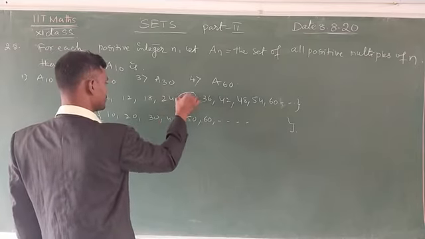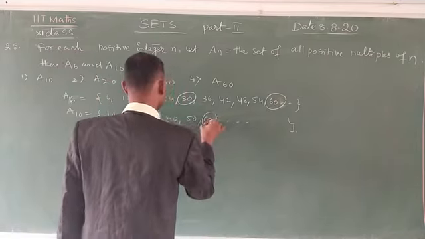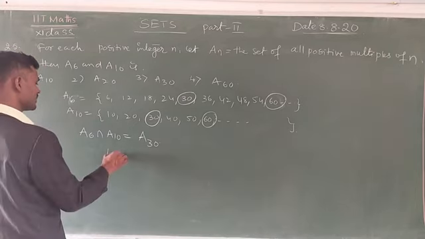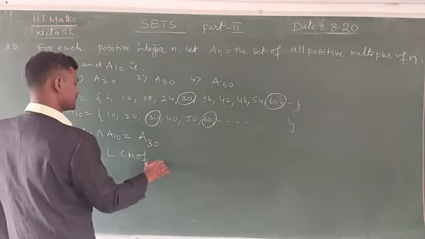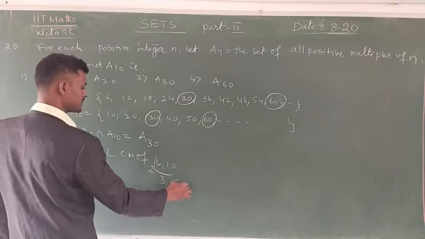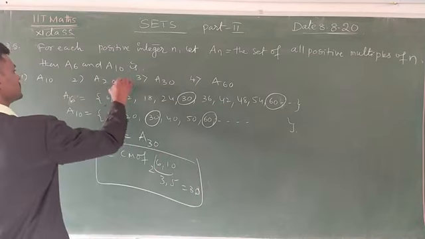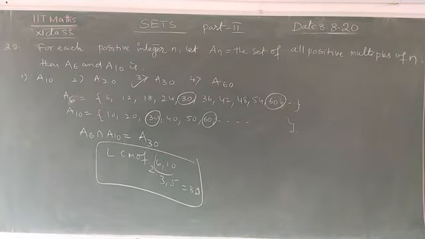Here 30 is common. Next one is 60 only common. Then 30 1s are 30, 30 2s are 60. That's why the simple shortcut is LCM of 6 and 10. 2 3s are 6, 6 5s are 30. This is the shortcut. Which option? Third option. Note down.